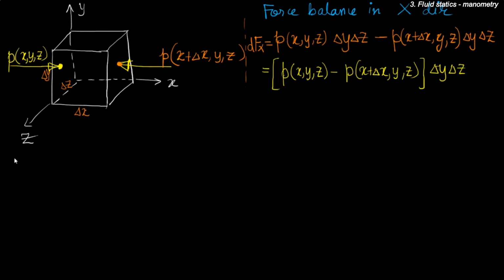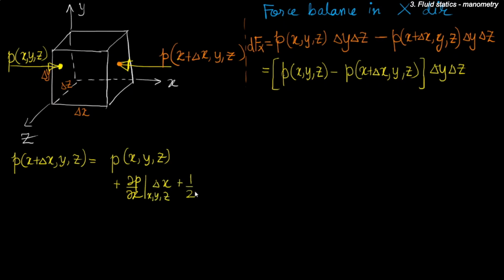Now from Taylor series, we know that P at x + delta x, y, z can be written in terms of P(x, y, z) plus del P del x at (x, y, z) times delta x plus 1 upon 2 factorial delta x square del 2P del x2 at (x, y, z) plus order delta x cube. So this follows from the Taylor series.